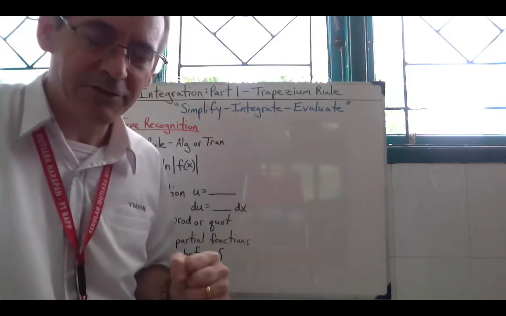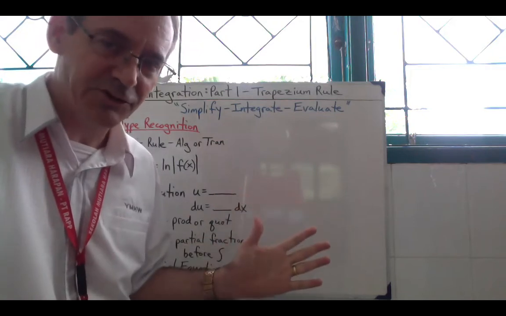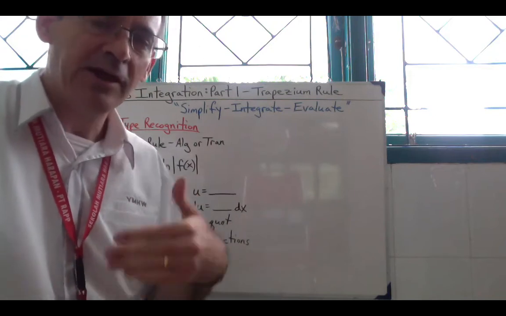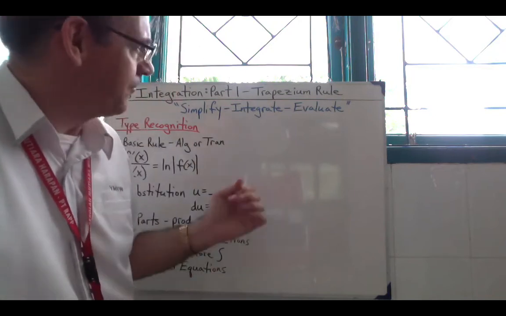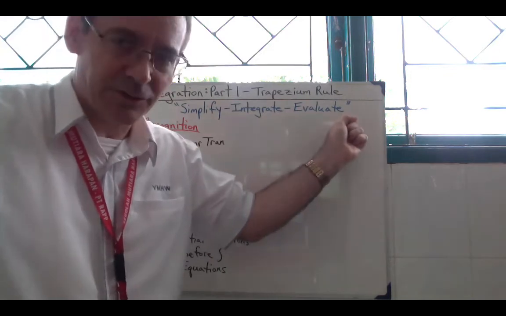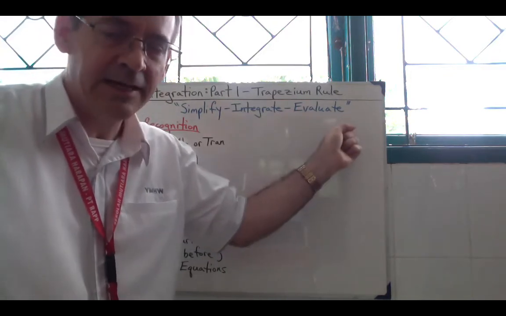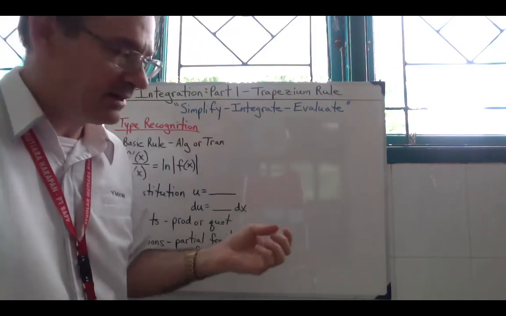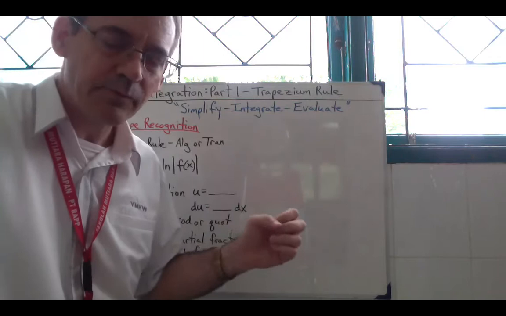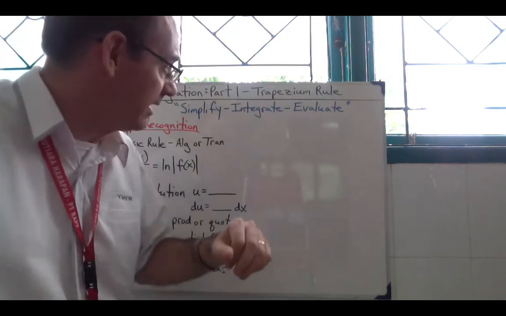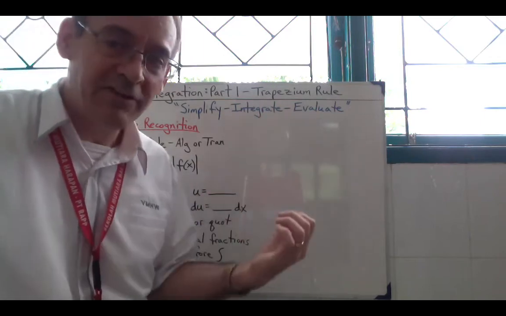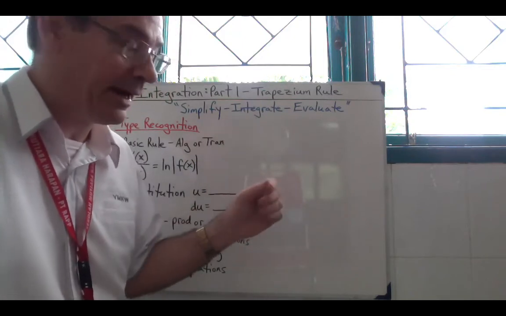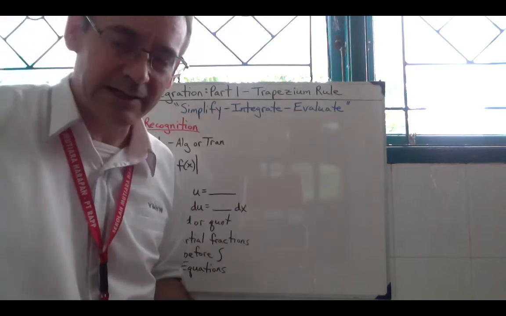Remember back in Pure Maths 1, we talked about indefinite integral, where there's no bounds of integration, and the definite integral, where there are bounds of integration. So with the indefinite integral, then you have the plus c, and there'll be information provided that will allow you to find that plus c, which is the specific solution. Or if you have bounds of integration, then you'll go ahead and calculate those bounds in the evaluate stage.